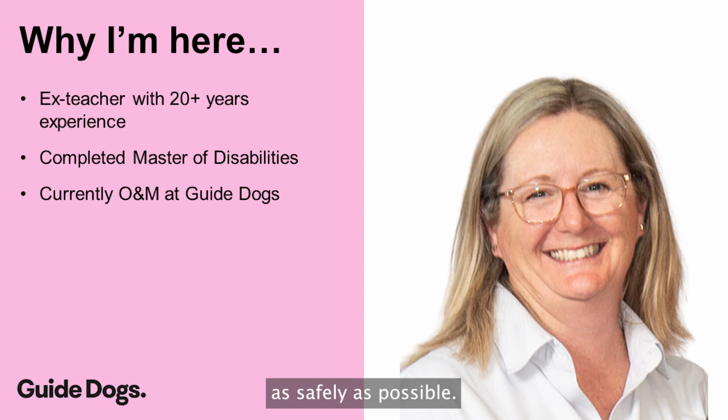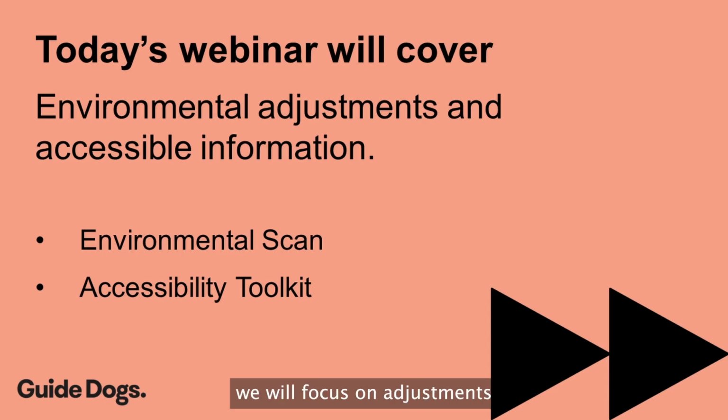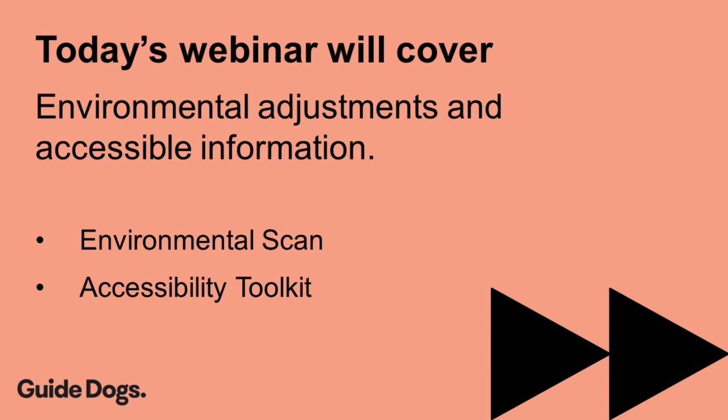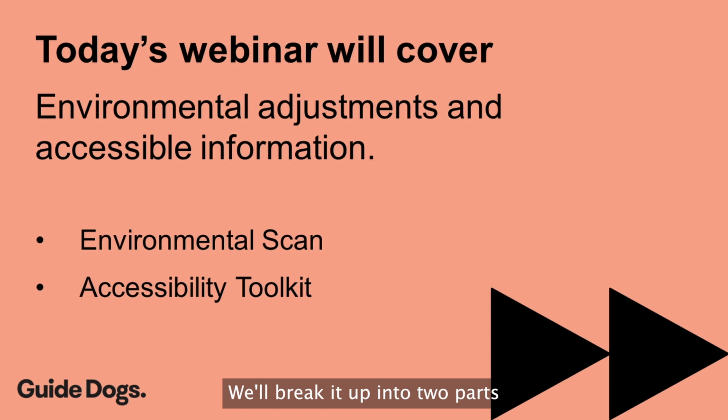In today's webinar, we will focus on adjustments for students in the school environment and accessibility to information. We'll break it up into two parts. One, environmental scan, and two, the accessibility toolkit.